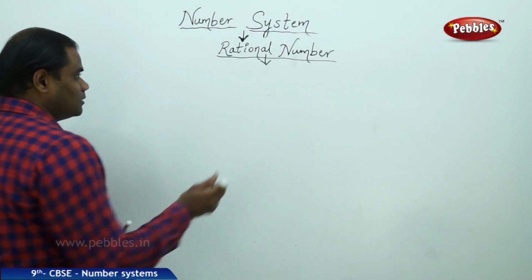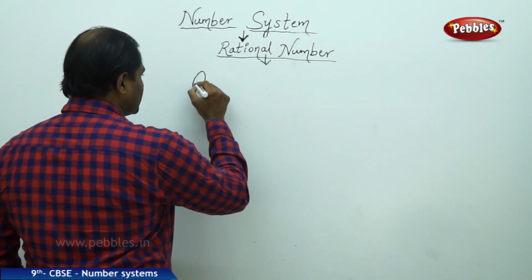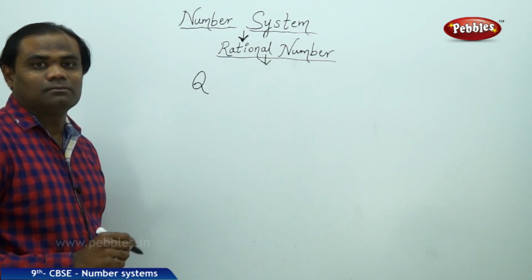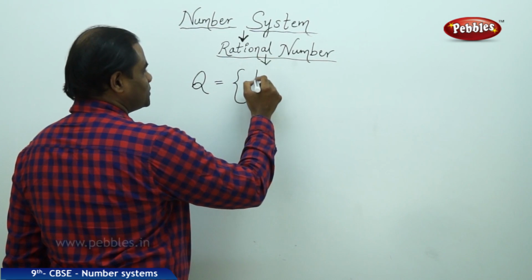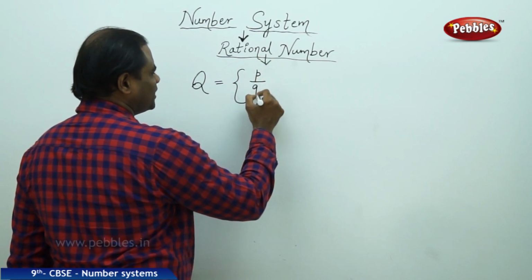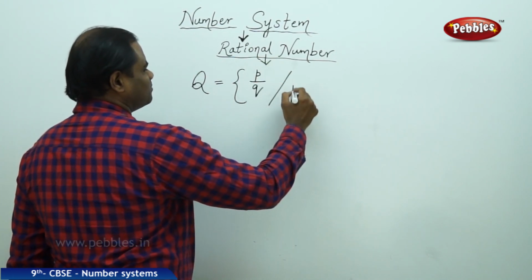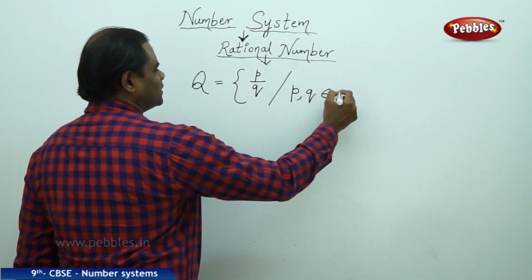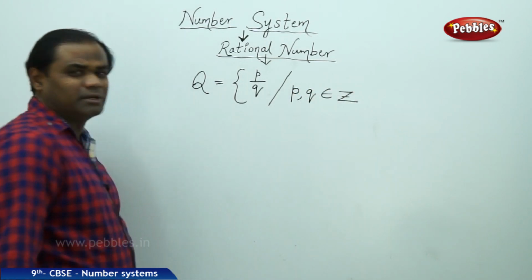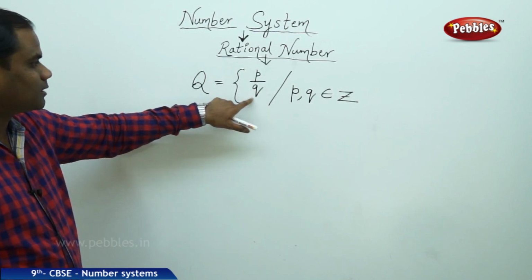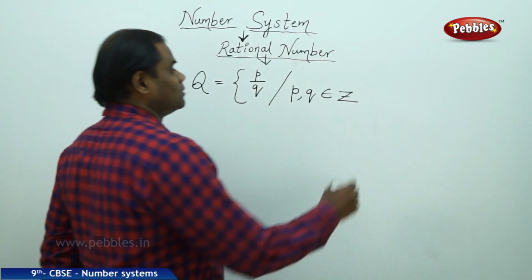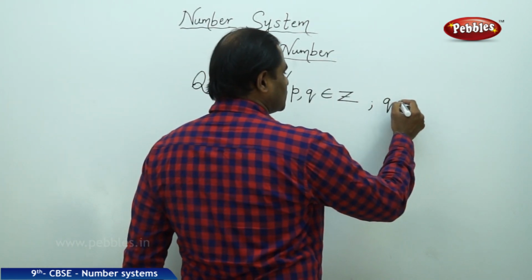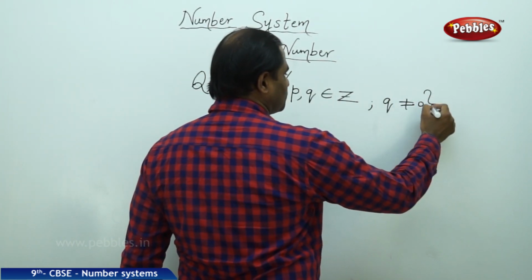A rational number is denoted by capital Q, and it is defined in set form as all the numbers which can be written in the form P by Q such that P and Q are integers, the condition being that the numerator and the denominator must be integers in the fraction form P by Q, and most importantly, Q should not be equal to 0.